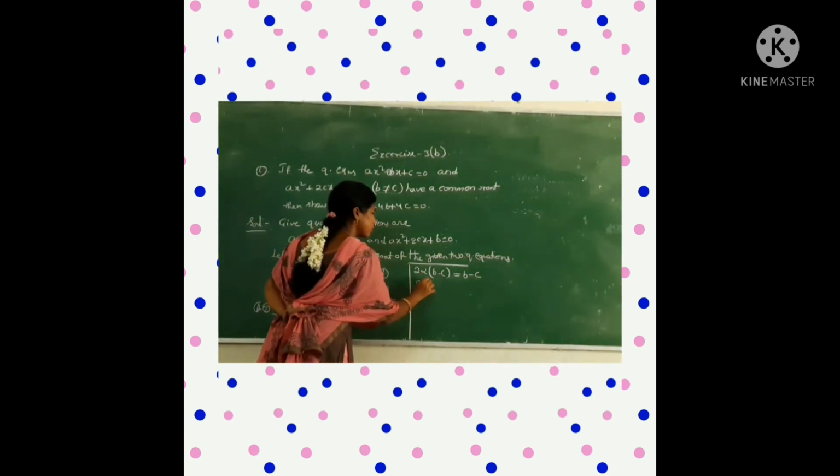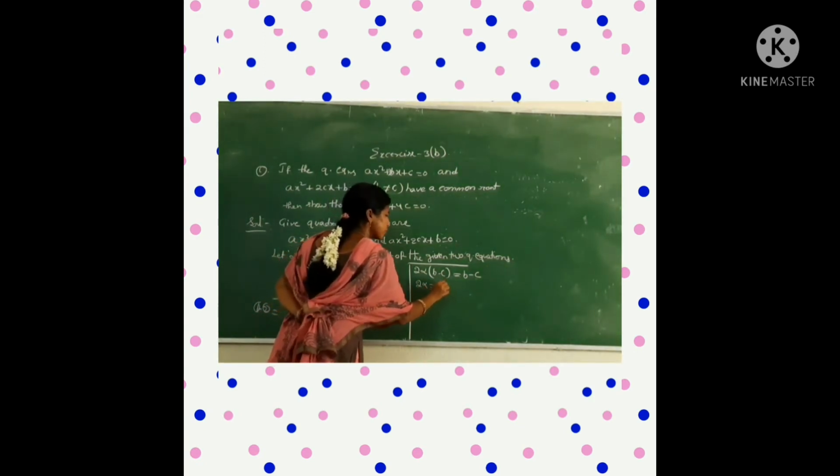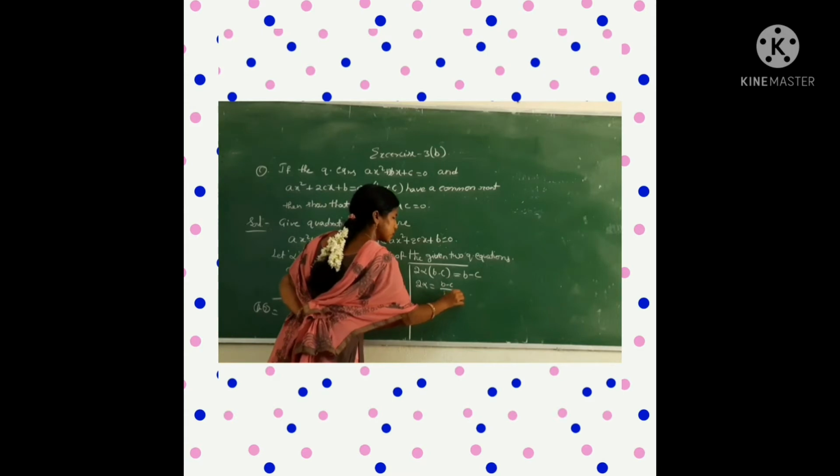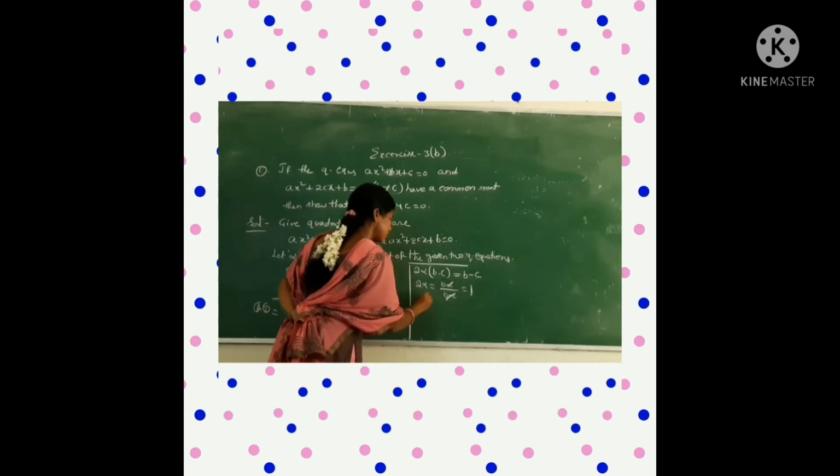That's why 2 alpha is equal to b minus c by b minus c; both cancel and we get 1.